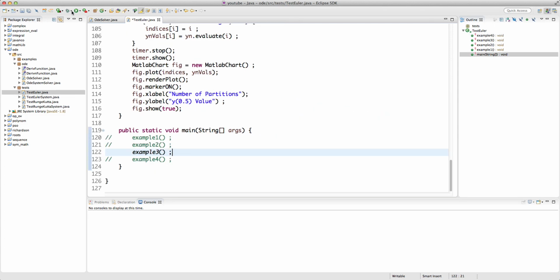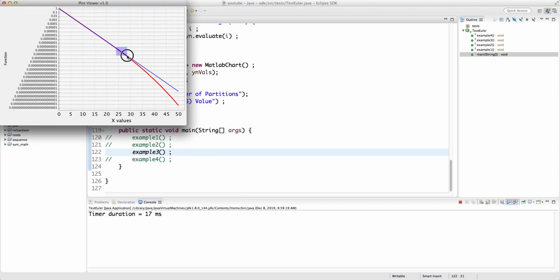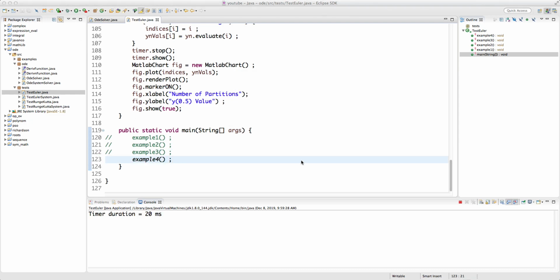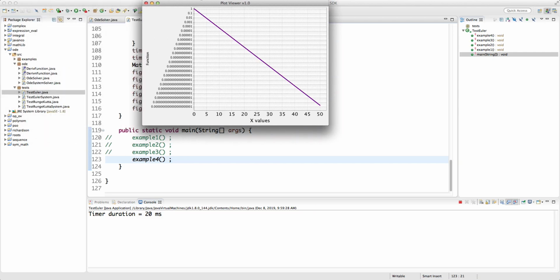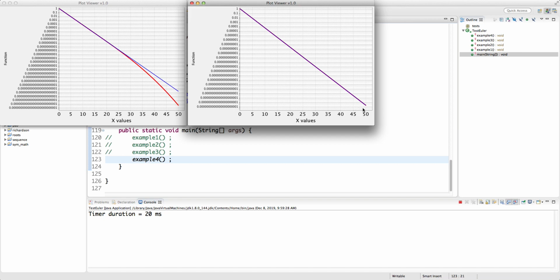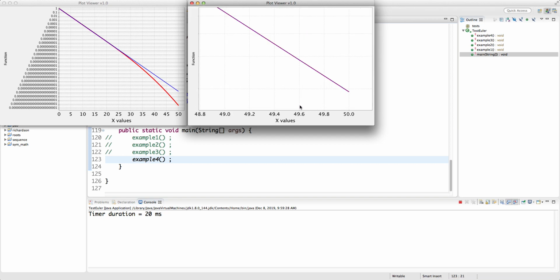Maybe let me just run example 3 first. So this is Euler with fourth order Richardson without the trick, and now example 4. This is Euler with fourth order Richardson with the trick, and the trick is that when I'm trying to calculate the y at some point, I use the previously calculated point as the initial condition.